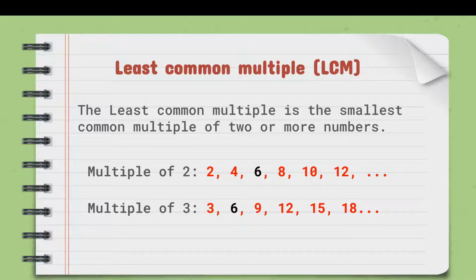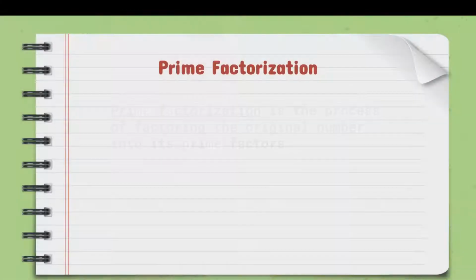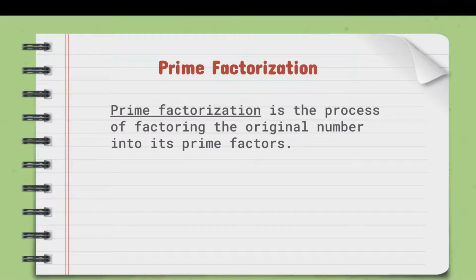Now before I get into the methods, I just want to review prime factorization a little bit, because the methods of finding the LCM are purely based on prime factorization. So prime factorization is the process of factoring the original number into its prime factors. Or in other words, you just factor the number until you get all prime numbers.